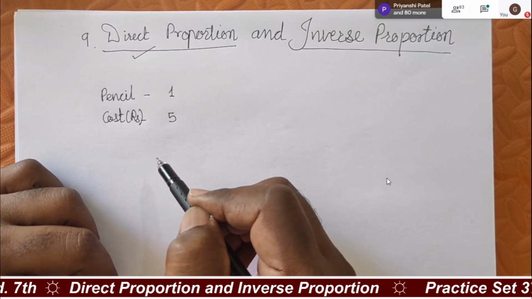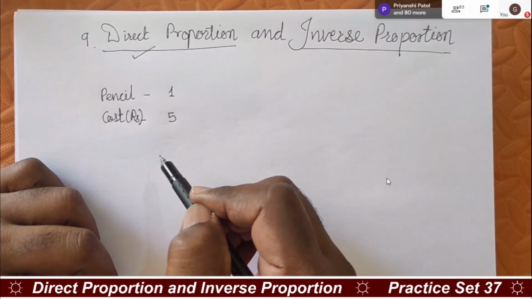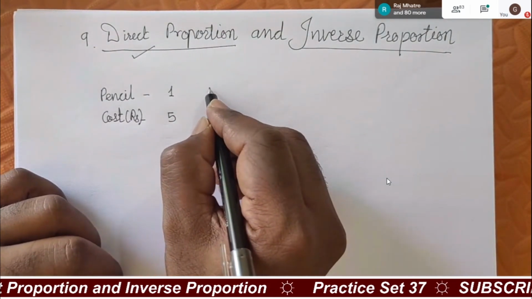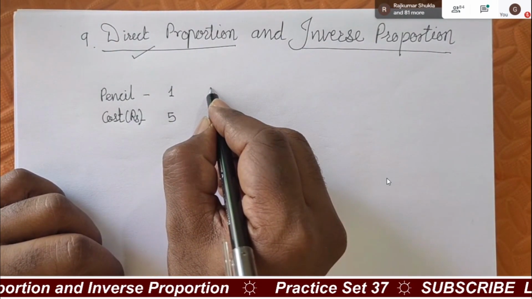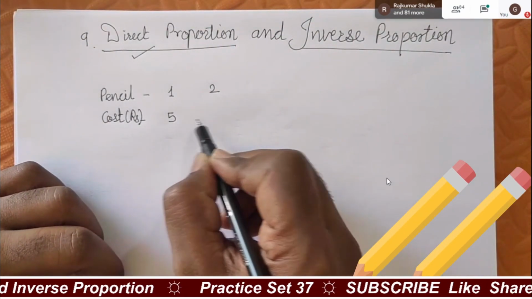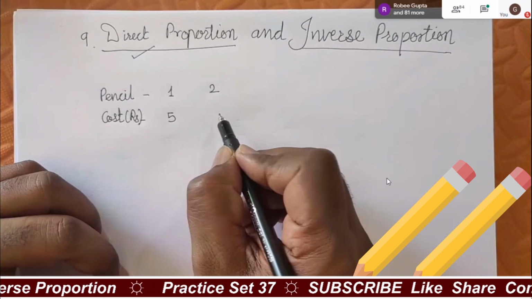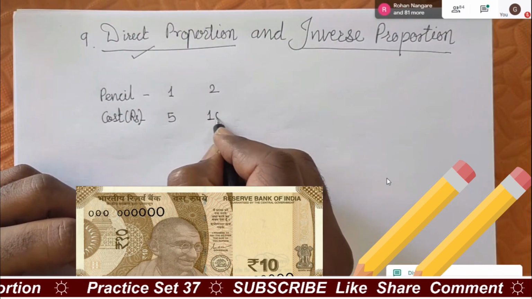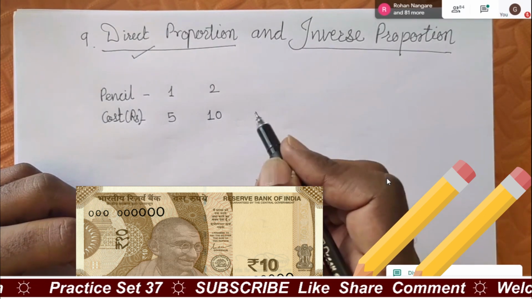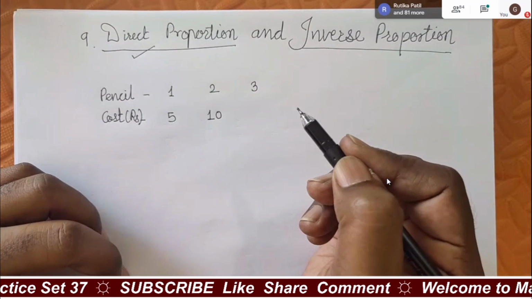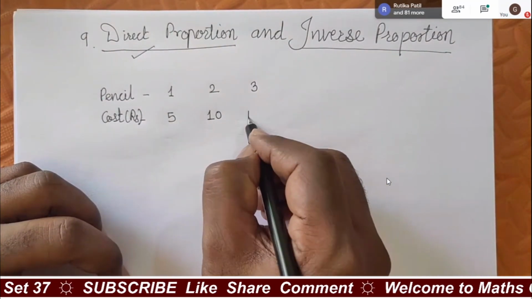But if you have a brother or sister and they also want one, and in the next example you are purchasing two pencils, the cost will also increase. Yes, correct, ₹10. Now if I want 3 pencils, what will be the cost? 15.